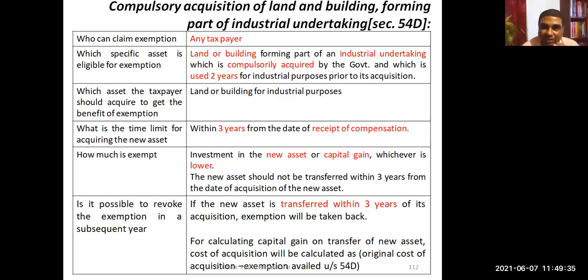But the additional condition is that the new asset should not be transferred within a period of 3 years from its acquisition. If it is transferred, the capital gain which was exempted earlier shall be reduced from the cost of the new asset. This is the provision of section 54D.